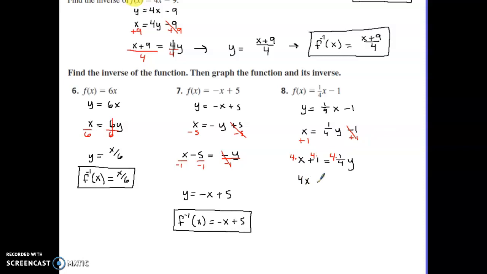So 4x plus 4 equals y. Going into my f of x notation, this is my inverse function, so f inverse of x is equal to 4x plus 4.